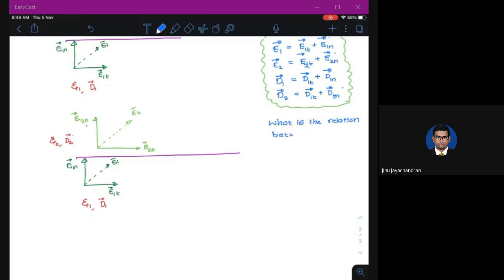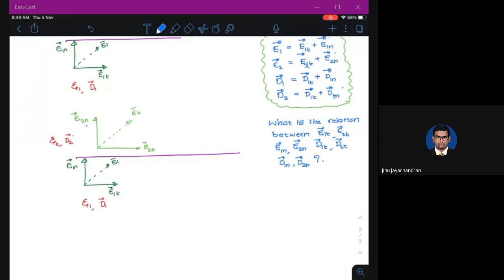What is the relation between E1T, E2T, E1N, E2N, similarly for D1T, D2T, D1N, D2N. So how are all these things related?